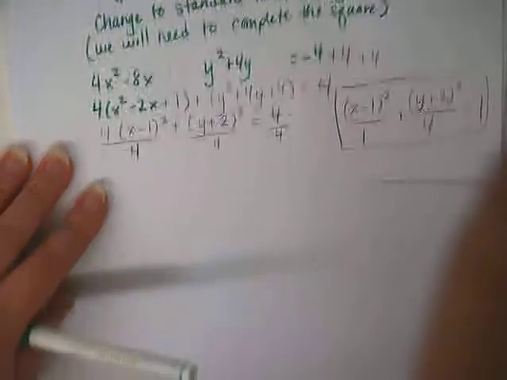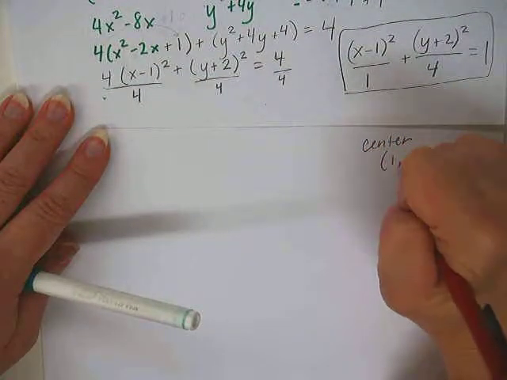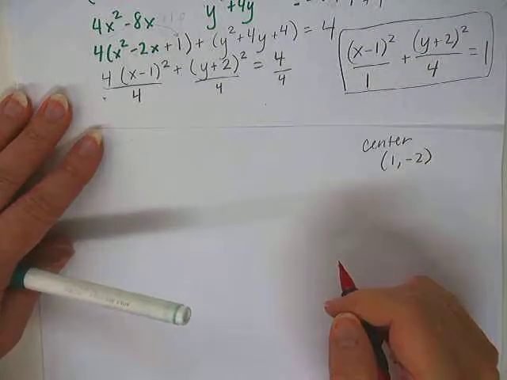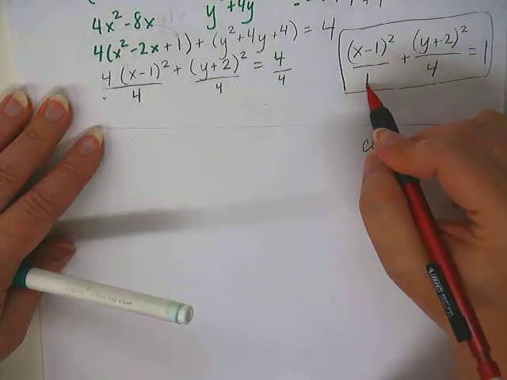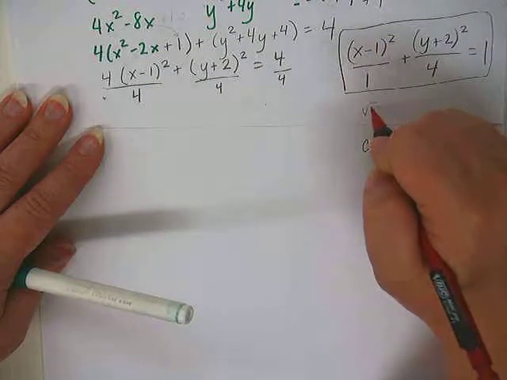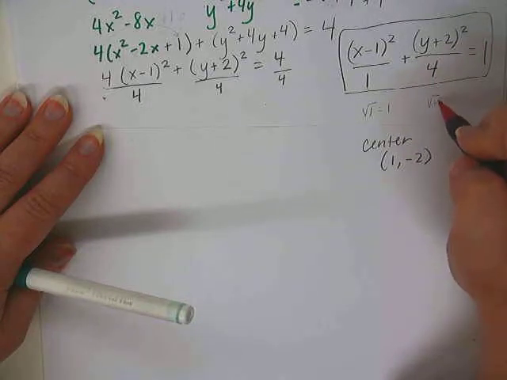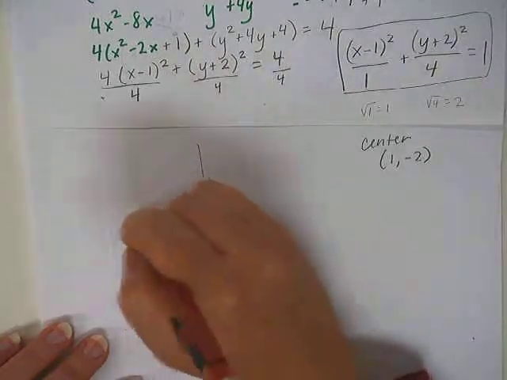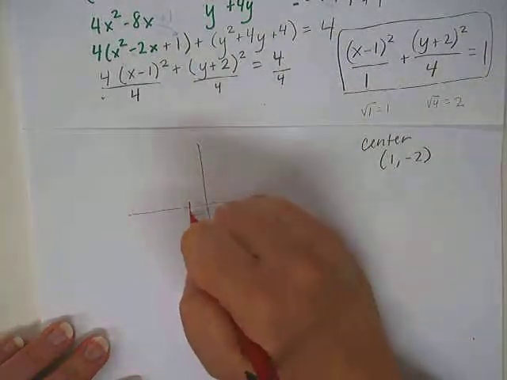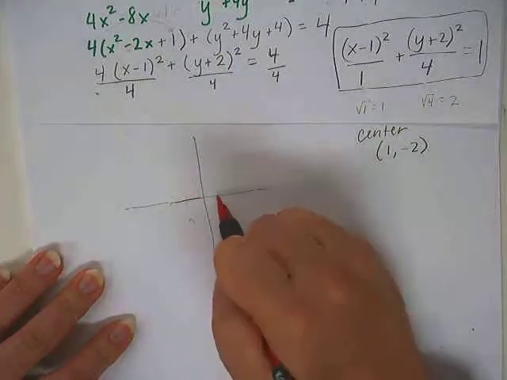Okay, now let's graph. What is the center of this graph? 1, -2. The center will be located at 1, -2. Good. The value that goes the x direction is the square root of 1. The value that goes the y direction is the square root of 4. Okay? So we draw our graph.